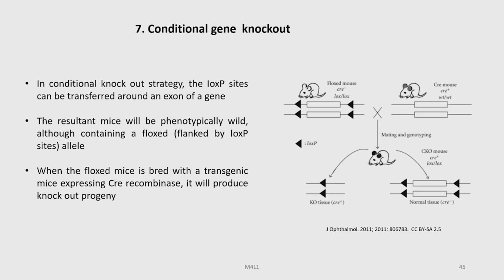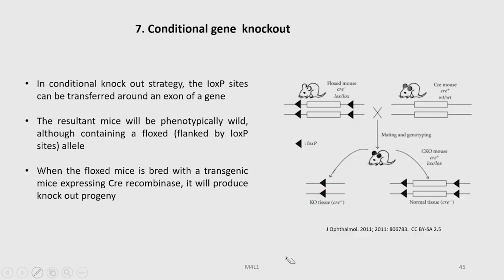So, here you can see these floxed mouse is Cre negative, but LOXP positive and homozygous for LOXP, or it is having two sites, whereas this mouse is Cre positive, but there is no LOXP site in this particular mouse, and when these two mice are crossed, then in some of the cases Cre recombinase will act on the LOXP sites and it will carry out the knockout population or the knockout progeny.